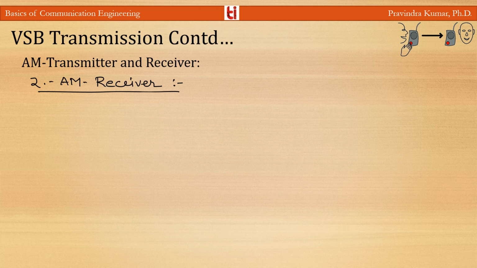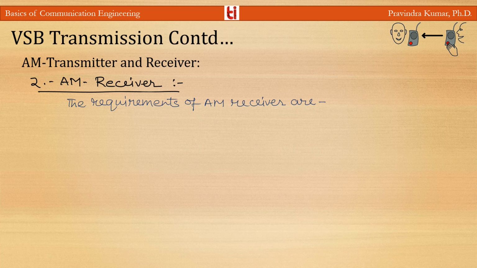Now the AM receiver. Here the antenna present at the beginning of the receiver section receives the modulated wave. The AM receiver receives the AM signal and demodulates it by using the envelope detector.